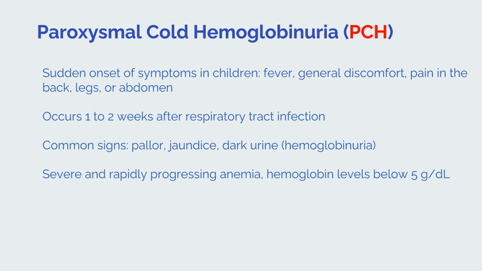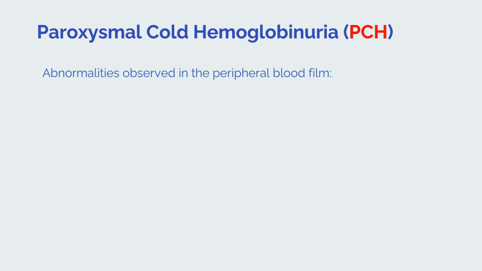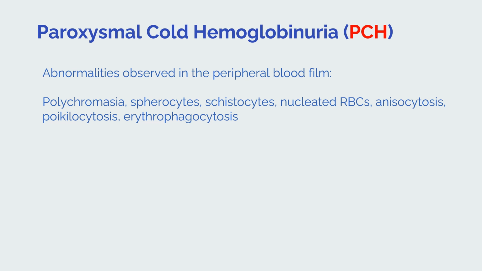The rapid onset of hemolysis leads to severe and rapidly progressing anemia, often with hemoglobin levels dropping below 5 grams per deciliter. When examining the peripheral blood film, doctors may observe certain abnormalities like polychromasia and spherocytes. But that's not all.